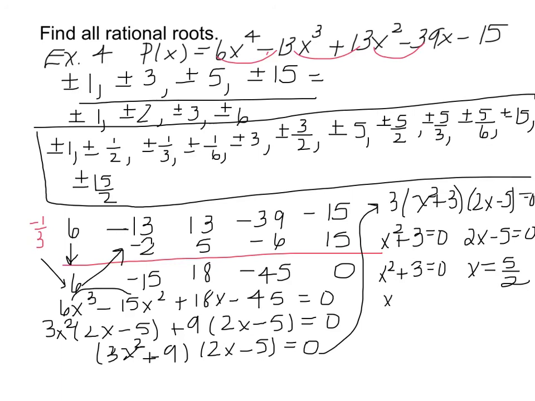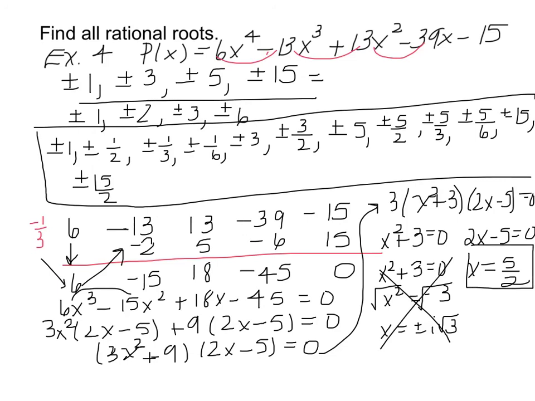So then we subtract 3. And we square root. And look, we got plus or minus i root 3. This is not a rational number, it's irrational. So we can't use this solution because it said find all rational roots.